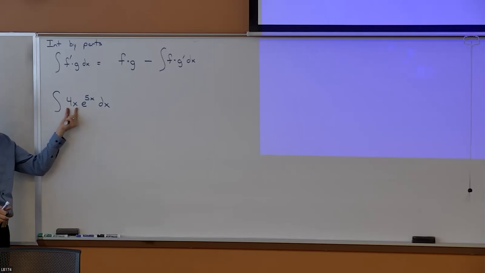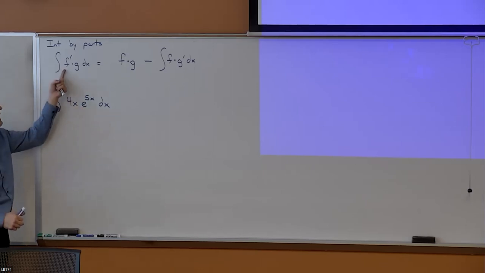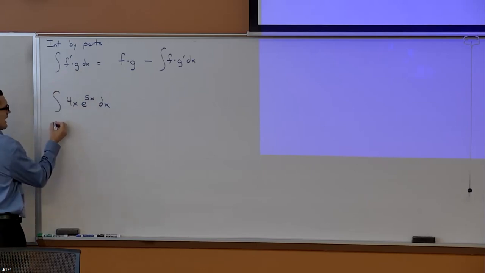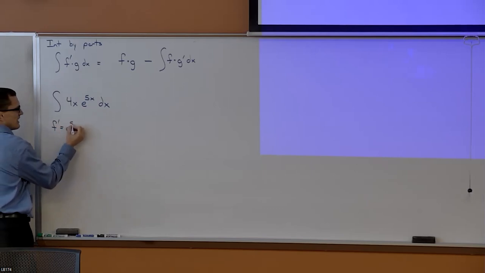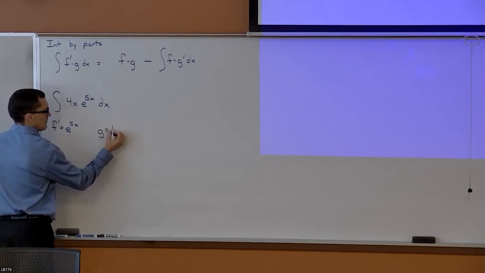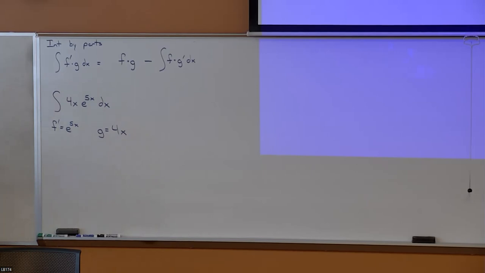Because this is polynomial times exponential, what I am going to do is call the f prime the e to the 5x part. And I'm going to call the polynomial 4x the g. This is also going to be the case when we have a trig function times a polynomial.